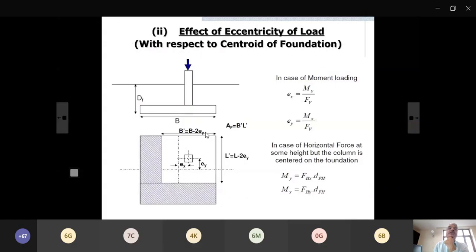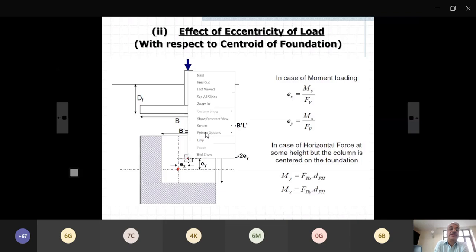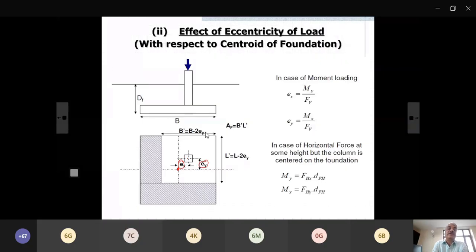Okay. Then how to account for the effect of eccentricity? Now eccentricity can be expressed in two ways. One is, this is your center of footing, but your load transfer is here. It is not at the center. So you have eccentricity Ex and Ey in the X and Y directions.